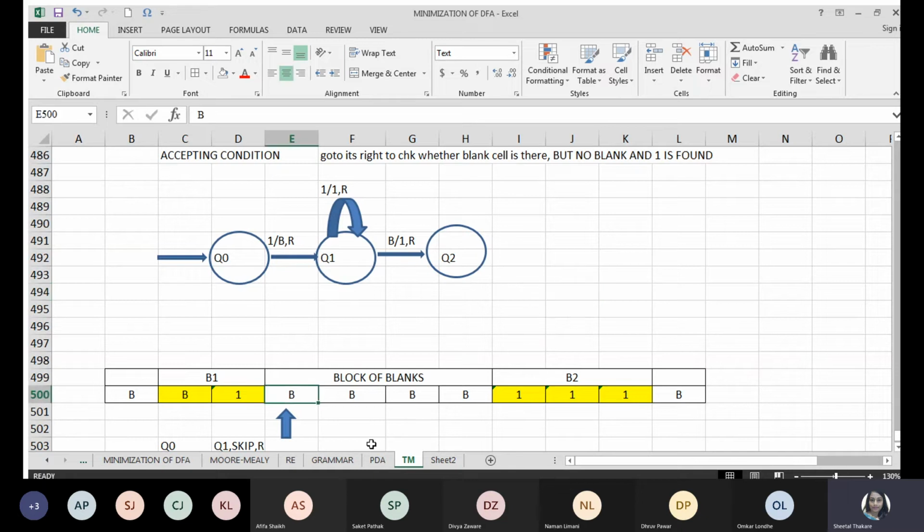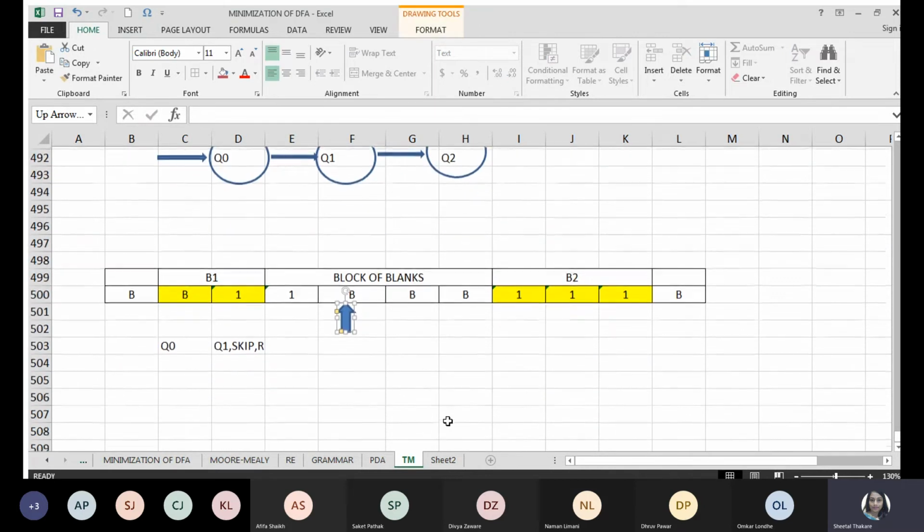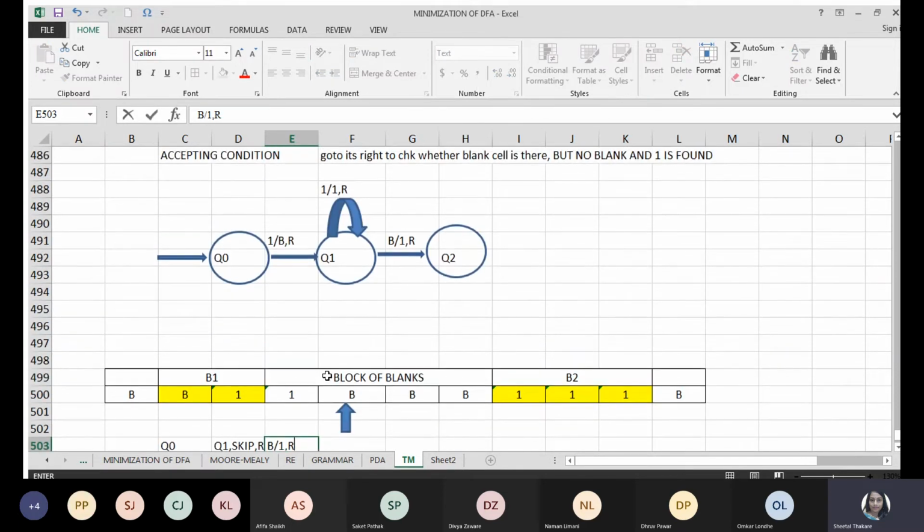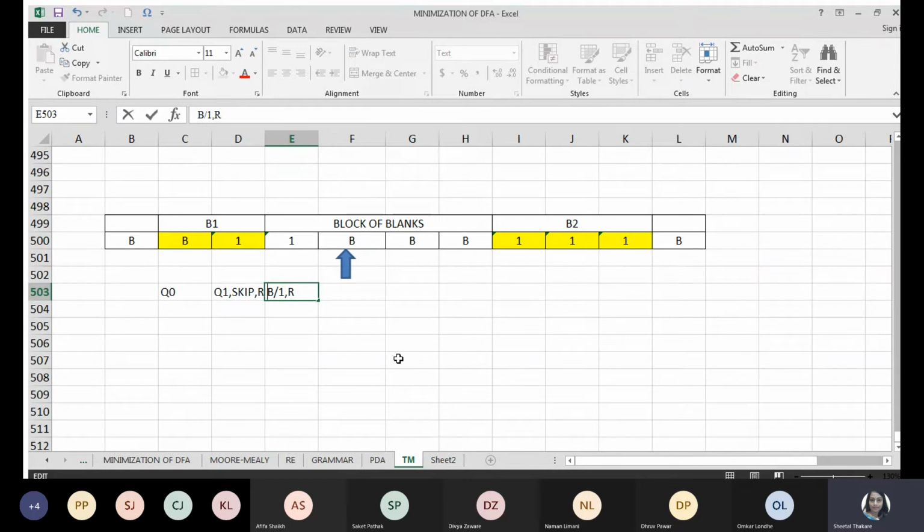So यहाँ पे you have added 1 and you are keeping head to its right. So this blank is turned to 1, you are moving to right and state क्या है आपका Q2 में B को 1 किया आपने, you are moving to right.